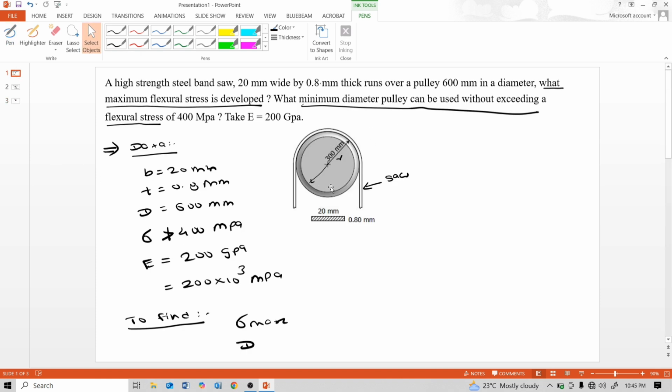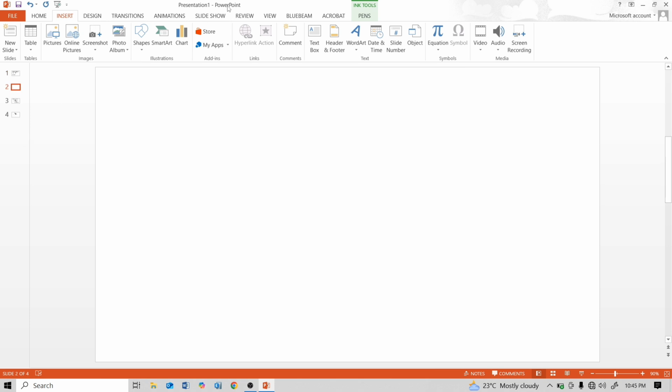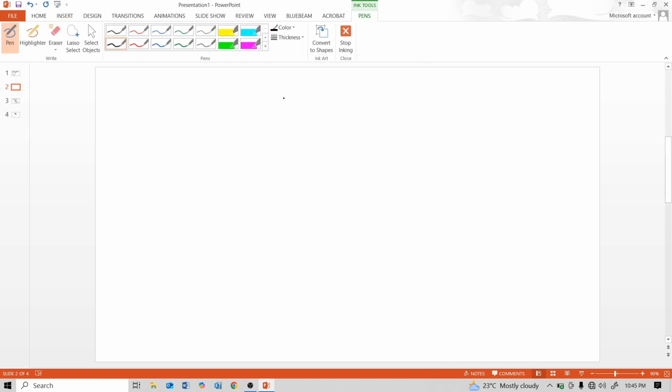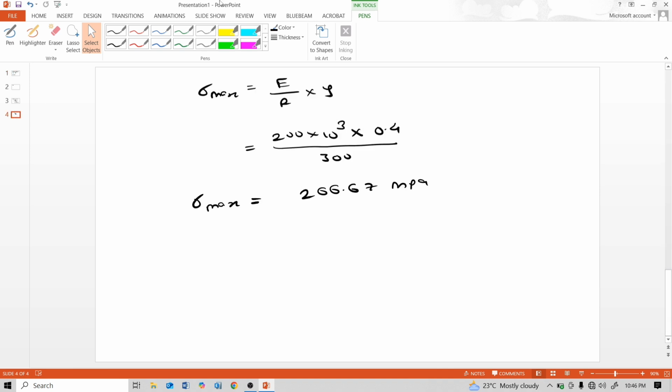Now next we have to calculate the diameter of the pulley without exceeding the flexural stress. So case 2, minimum diameter of pulley that can be used without exceeding a flexural stress.